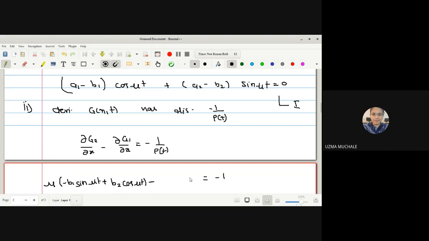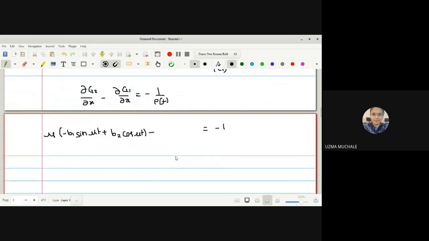Minus the derivative of g1 also we have to write. What is the derivative of g1? Again the same thing, constants as a1 and a2. Mu is outside.